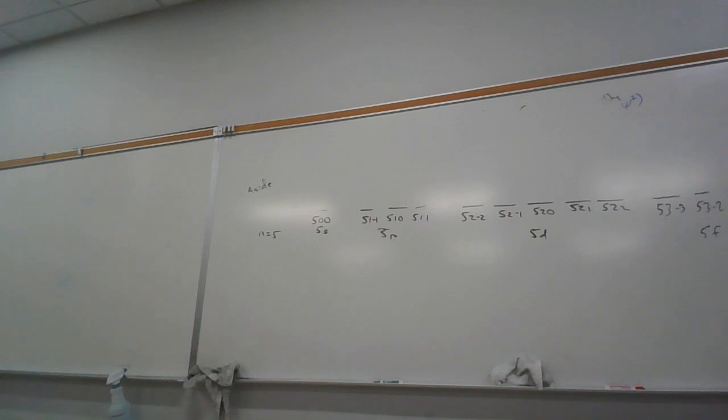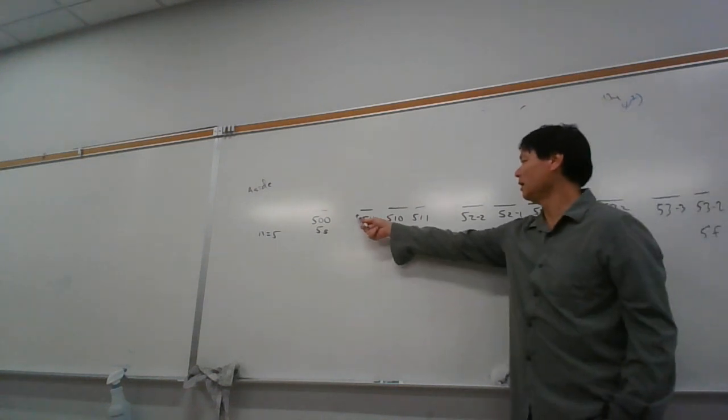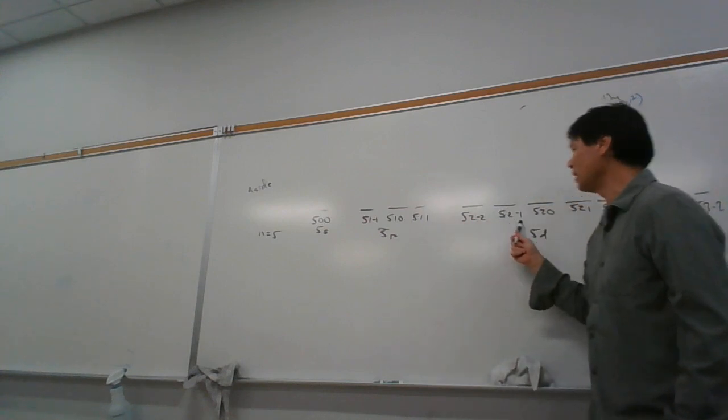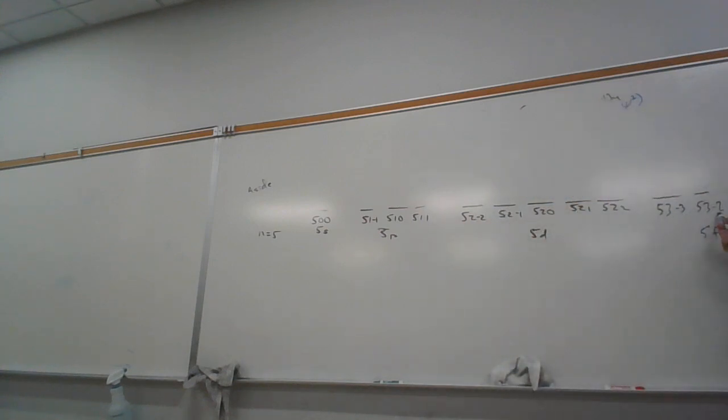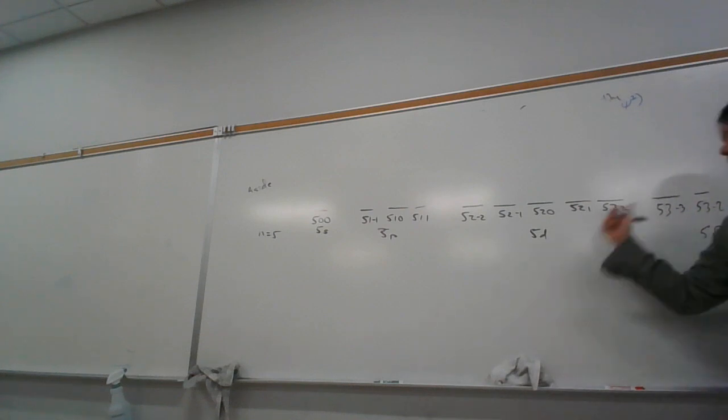Are we done? For 5, what's the maximum L? We had L equals 0, 1, 2, 3, up to a max L of n minus 1. Well, n is 5, minus 1 is 4, so we have one more, which I ran out of room for here.